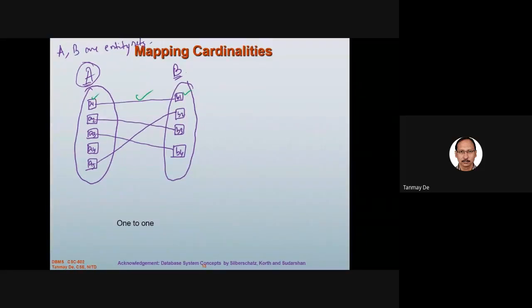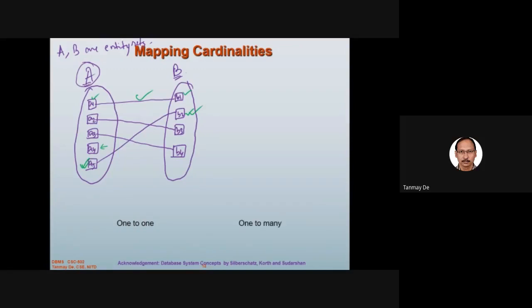Similarly, A5 is associated with B2. But it is possible that, say, A4 is not associated with any entity in the other entity set B. This is the one to one mapping cardinality.